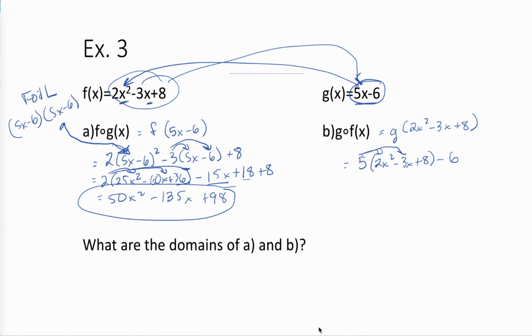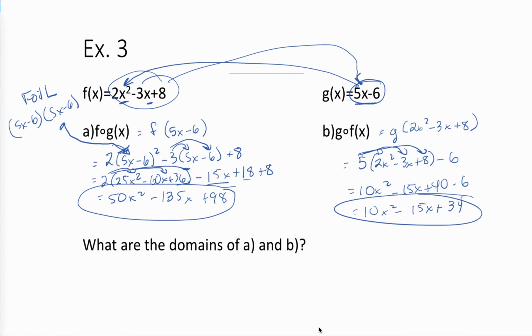Distribute the 5. 10x squared minus 15x plus 40 minus 6, which is 10x squared minus 15x plus 34.